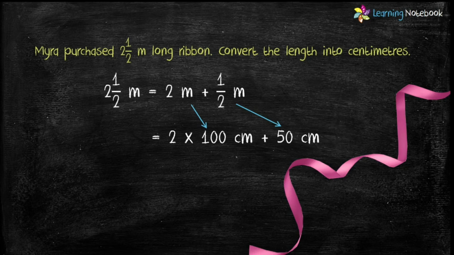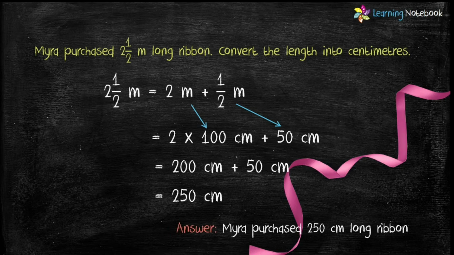Therefore, we get 2 into 100 centimeter plus 50 centimeter, which is equals to 200 centimeter plus 50 centimeter. So answer is 250 centimeter. Answer statement will be, Myra purchased 250 centimeter long ribbon.